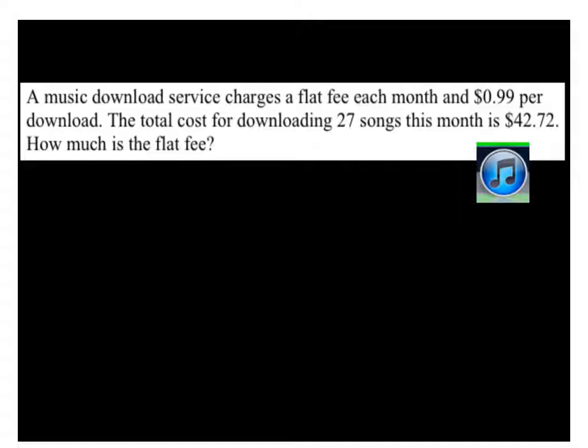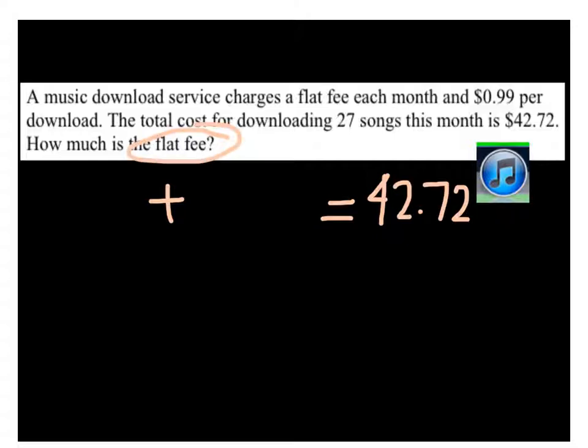All right, so our total for this one, we know that altogether in total we spent $42.72. Now there are two things that make up this total, okay? There is a flat fee that we pay every single month, okay? So since that is what we're looking for, I'm going to make that my variable.